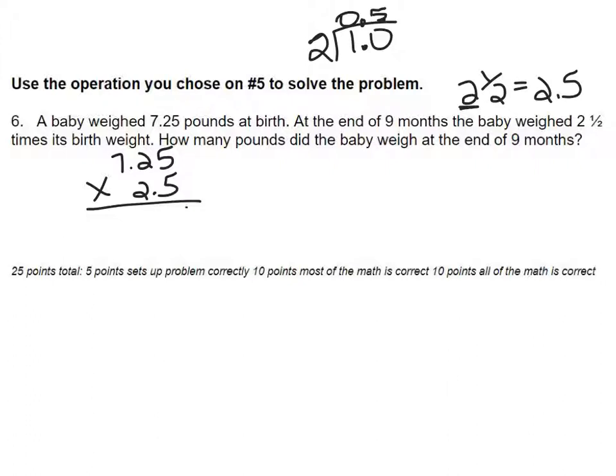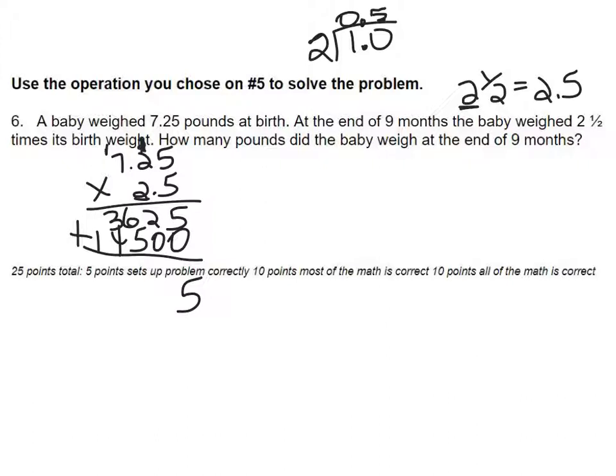So 5 times 5 is 25, carry the 2, 5 times 2 is 10, plus 2 is 12, carry the 1, 5 times 7 is 35, plus 1, 36. Add the 0 for the second number: 2 times 5 is 10, carry the 1, 2 times 2 is 4, plus 1 is 5, 2 times 7 is 14. Then I'm going to add it up, and I'm going to add it under this place value.